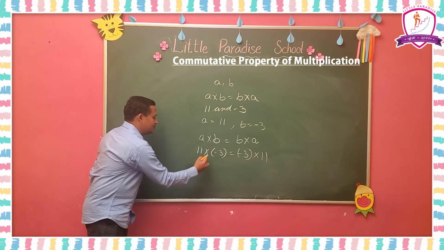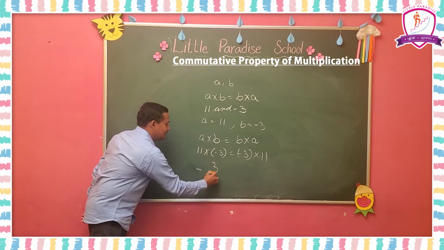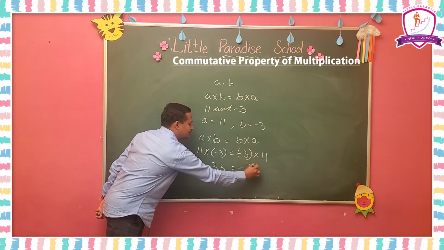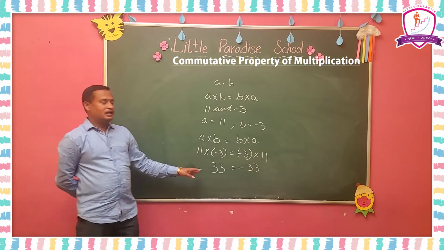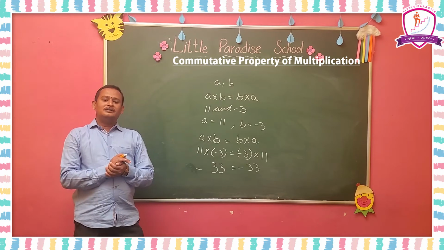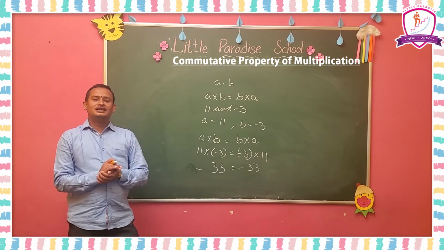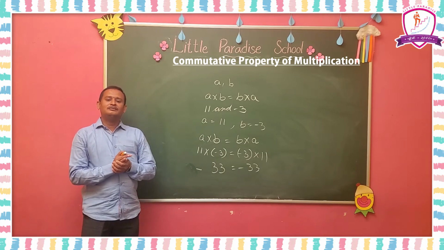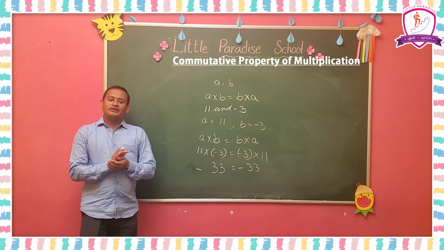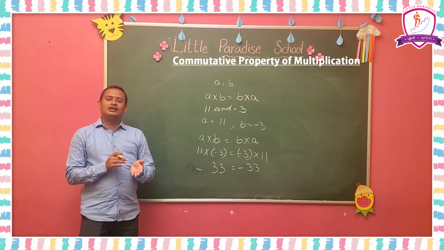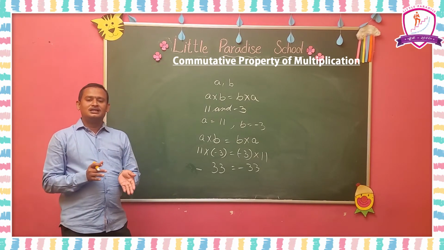Here plus into minus is minus, 3 elevens are 33; minus into plus is minus, 3 elevens are 33. Hence it is proved. If we multiply any two or more integers in any order, we will get the same product. So we can say multiplication is commutative for integers. So this property is called the commutative property of multiplication of integers.